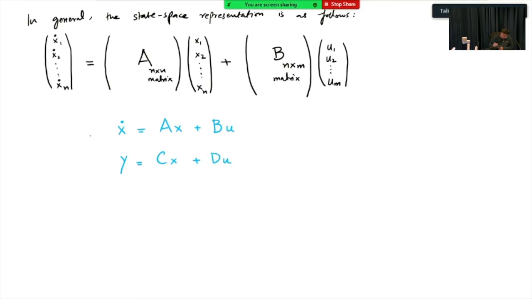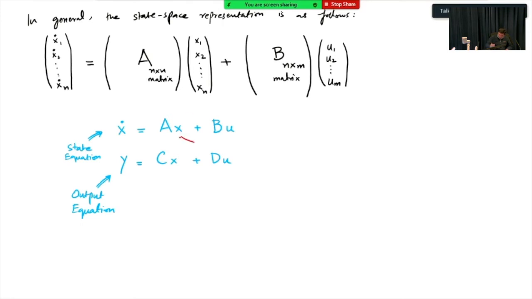Okay, so let's say this is the state equation, and this is the output equation, right?